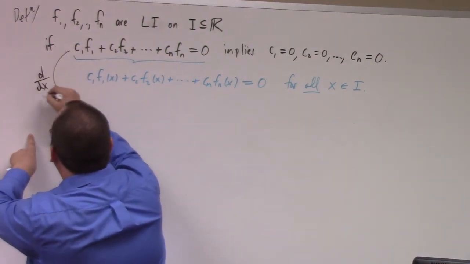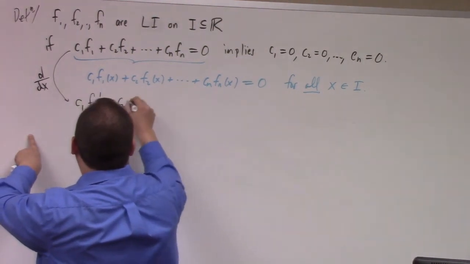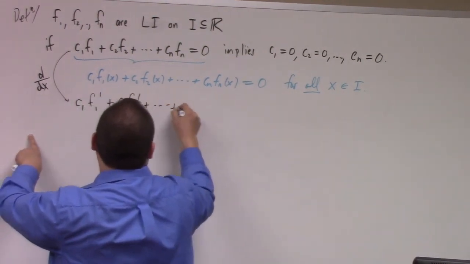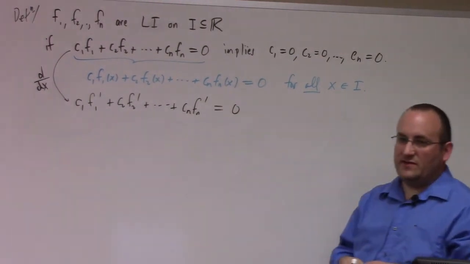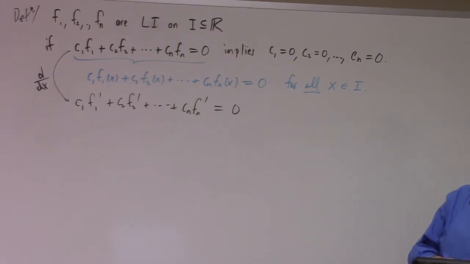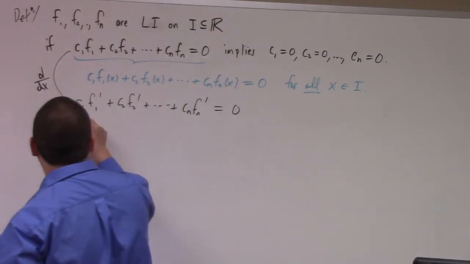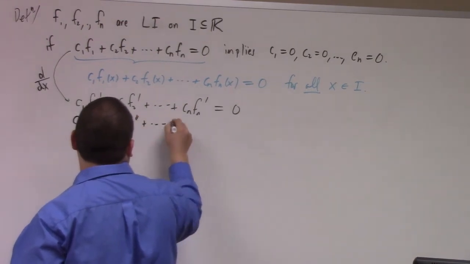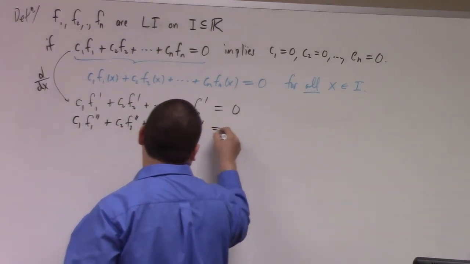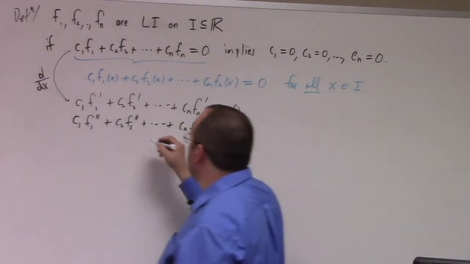Let's suppose they're functions of x. What happens when I differentiate this equation? I get that the linear combination of the derivatives of the functions also has to be 0. And I can't just stop at one differentiation, so I differentiate again, and then just keep differentiating.